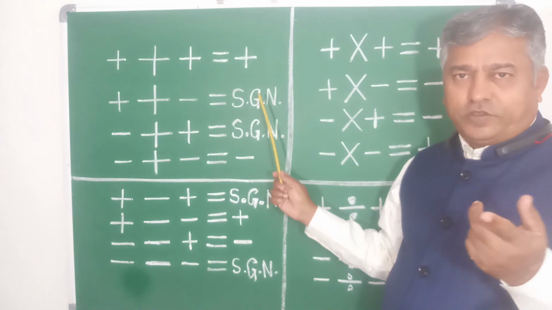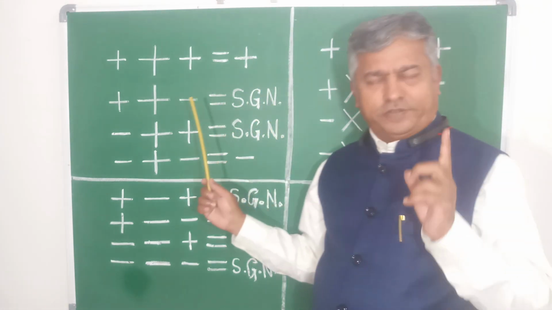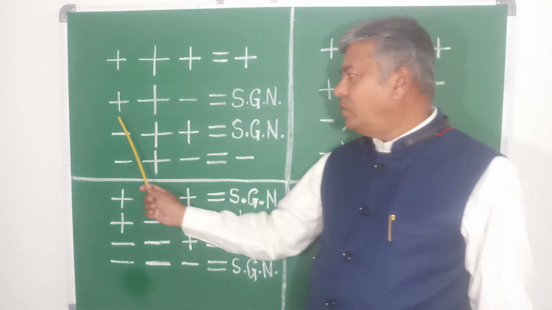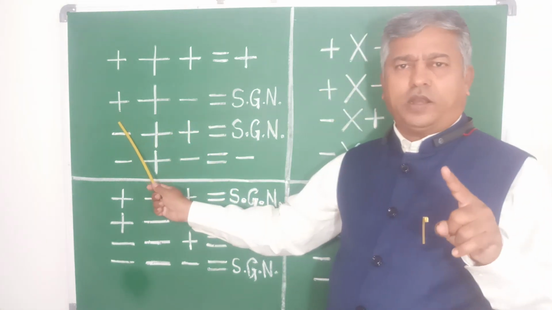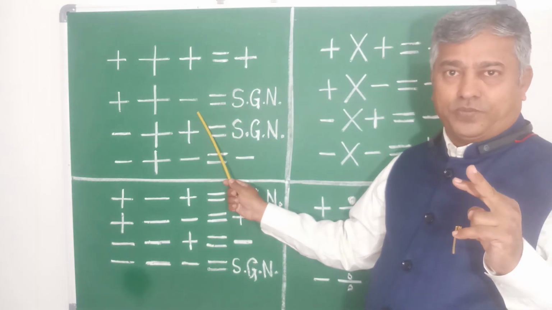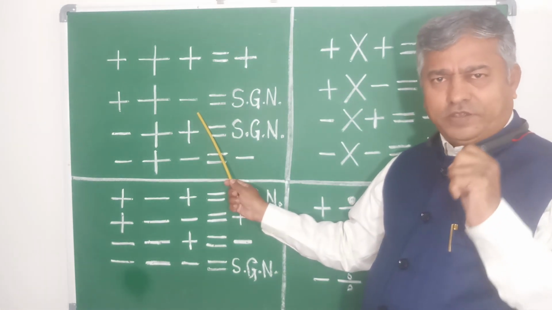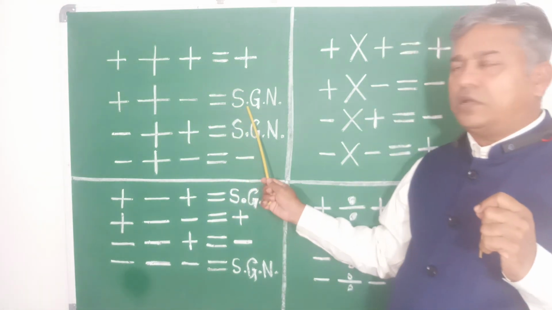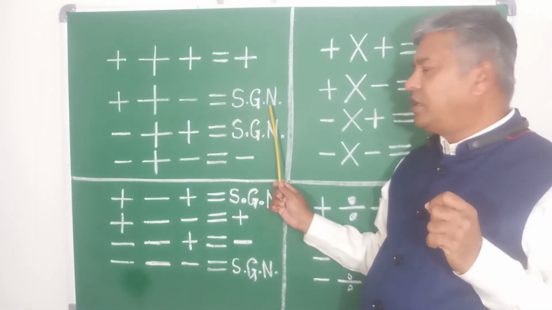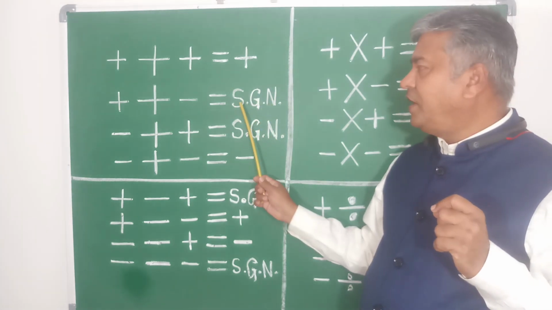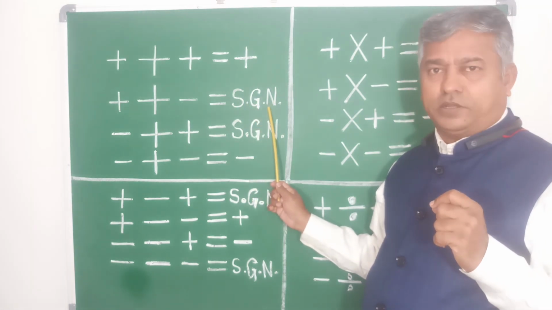Okay. Next, in the same process, means in the addition system, when we have the first number positive and the second number negative, in such cases we should write here the sign of greater number, SGN. It means sign of greater number.